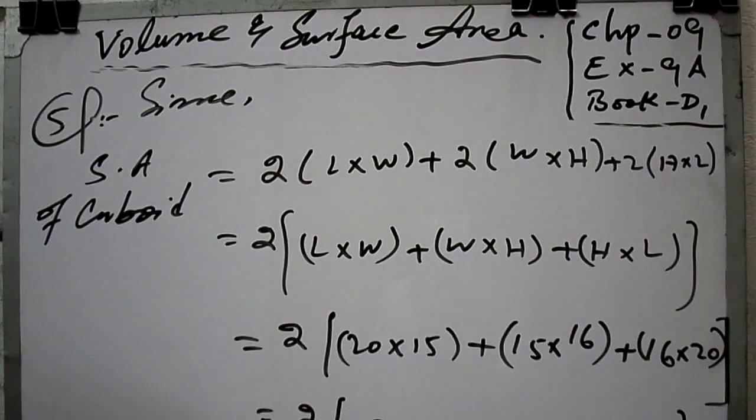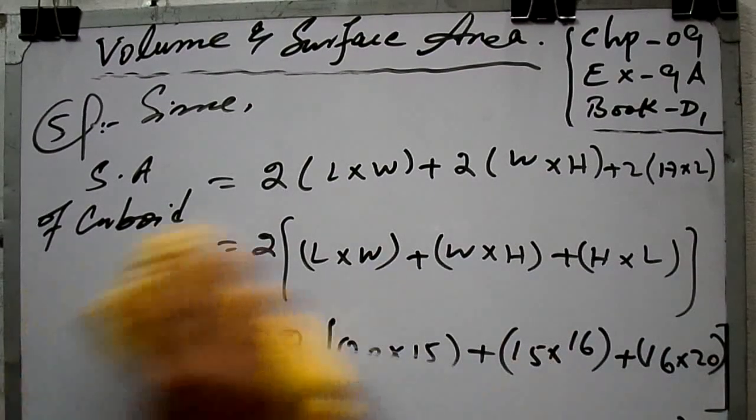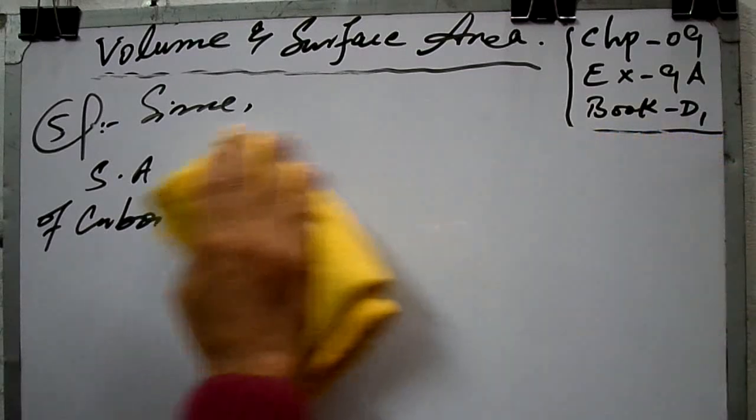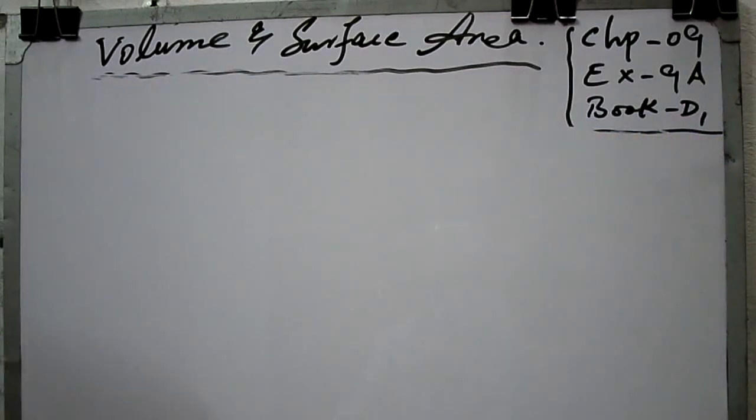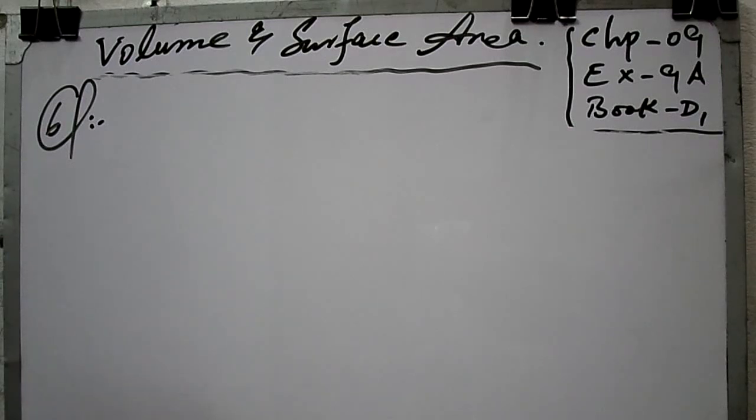So coming to the next question, that is question number 6. A rectangular tank measures 4 m long, 2 m wide, 4.8 m high. Initially, it is half full of water. Find the depth of water in the tank after 4,000 liters of water are added to it.